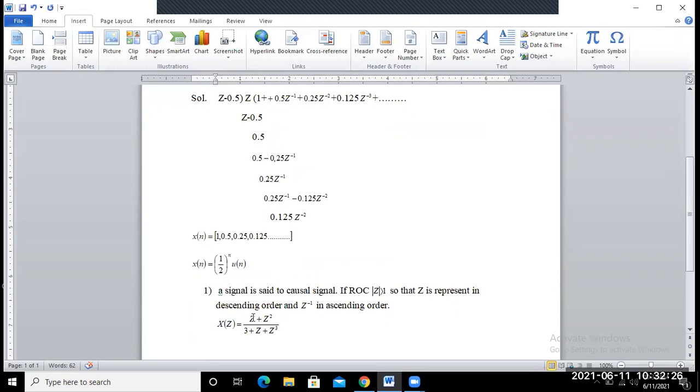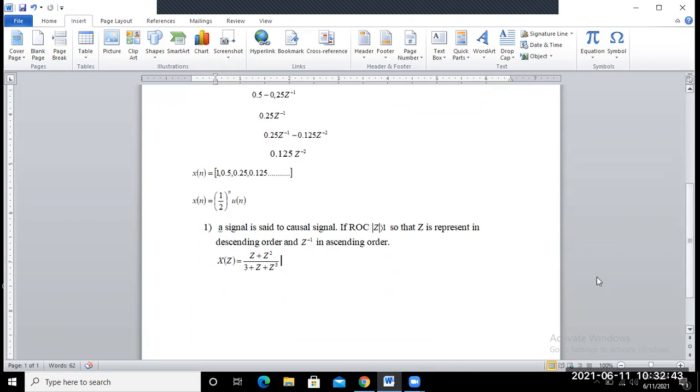So we would be representing this expression as z square plus z divided by z cube plus z plus 3, and then using the long division method for the inverse of the z transform. This representation is wrong.